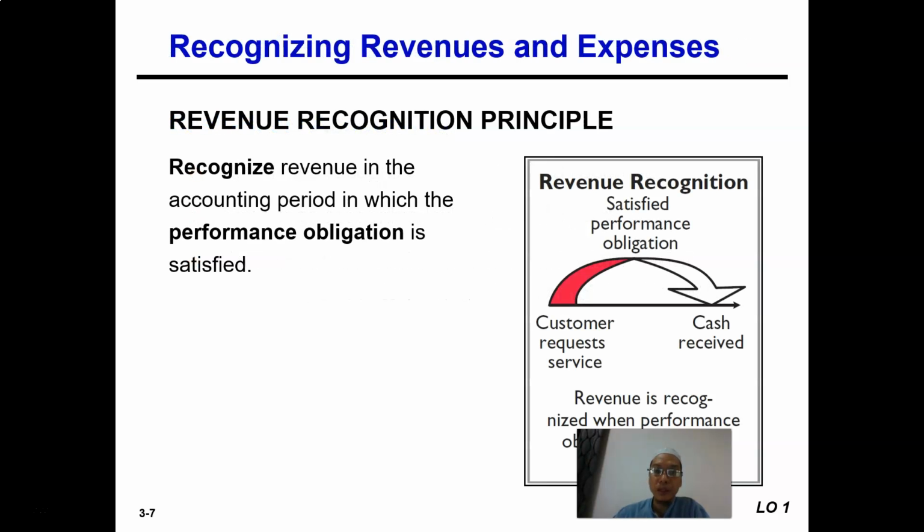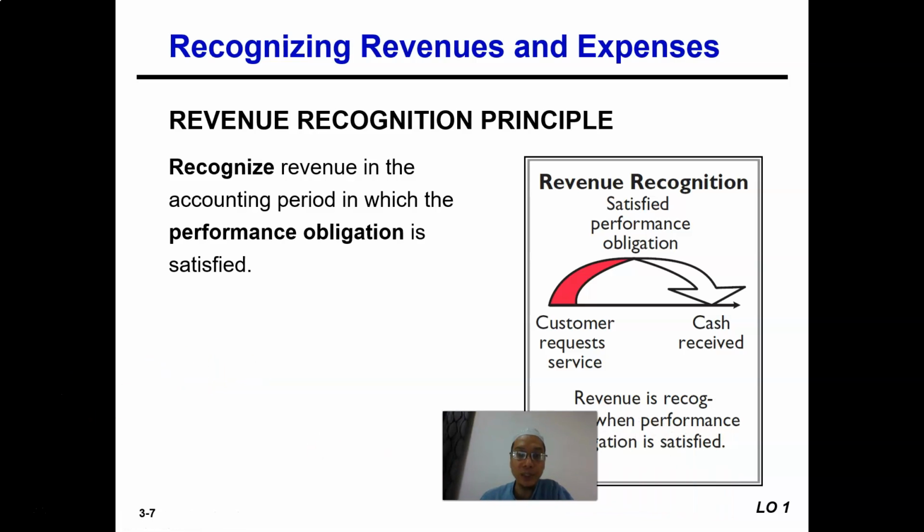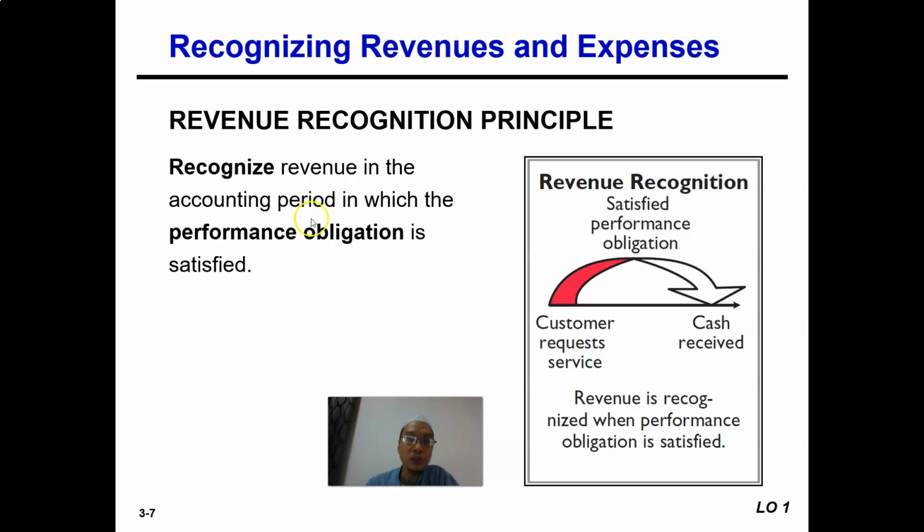That follows on with the recognition of revenue and expenses. Like we mentioned before, when do we recognize revenue, and when do we recognize expenses? We recognize revenue in the accounting period in which the performance obligation is satisfied. Like we mentioned earlier, businesses have time periods.